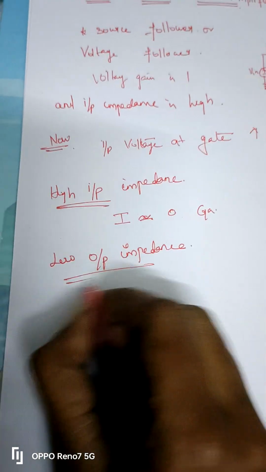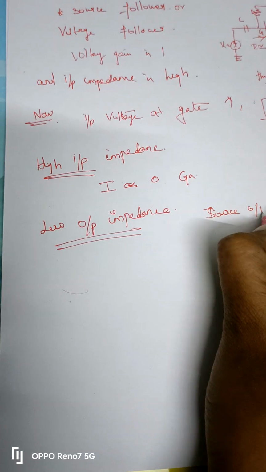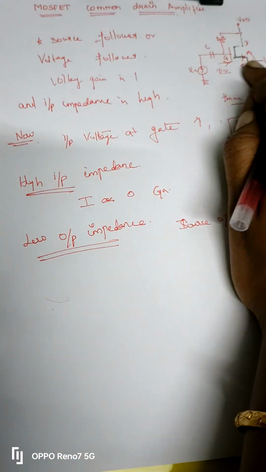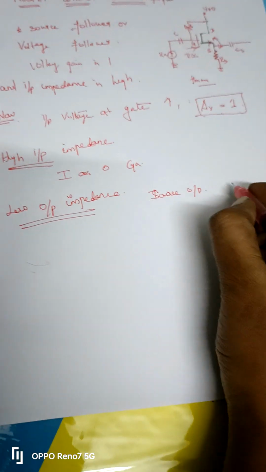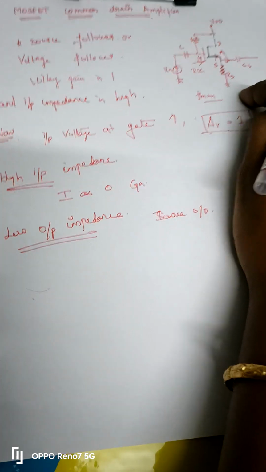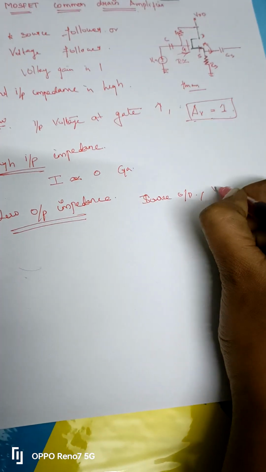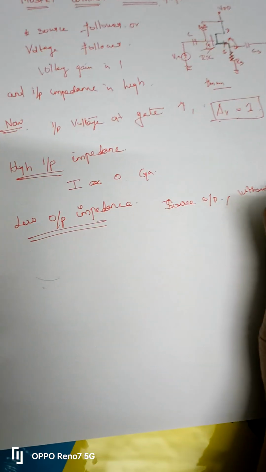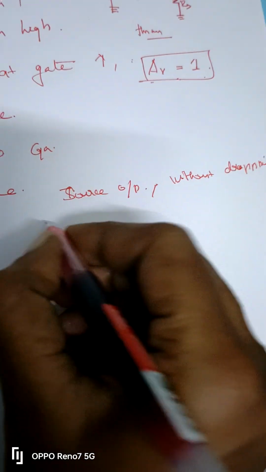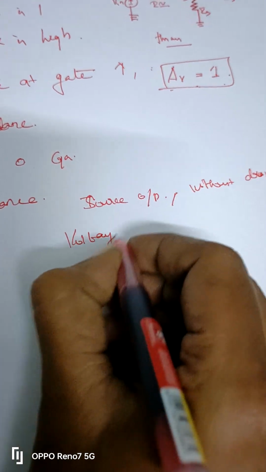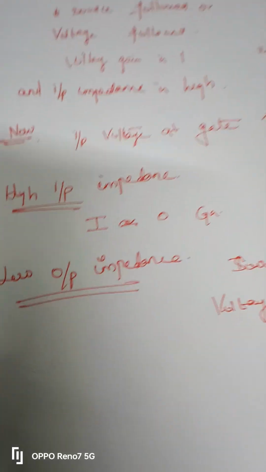The source output supplies the current easily to a low resistance load without dropping the voltage level.